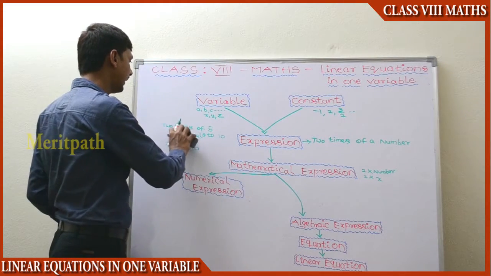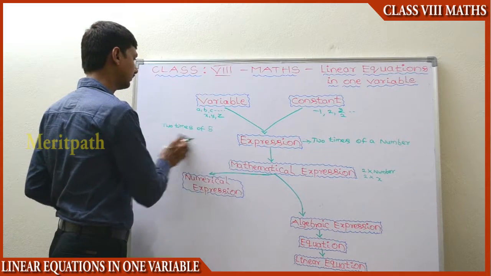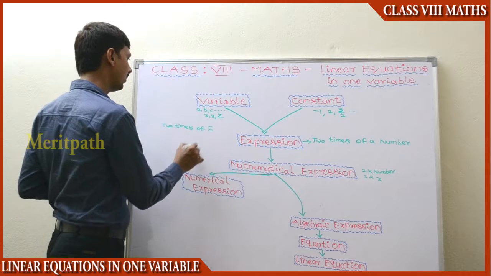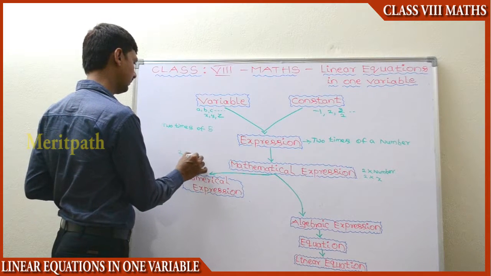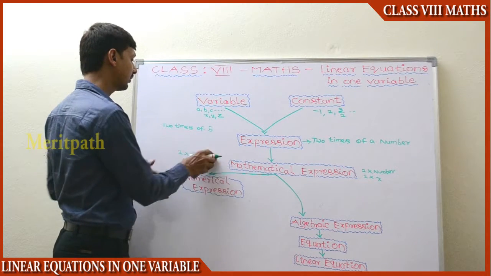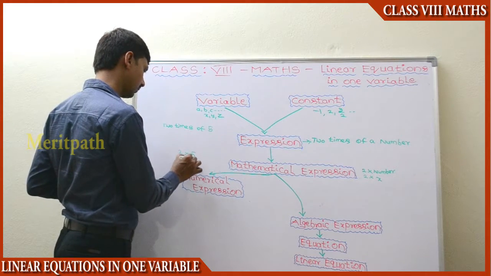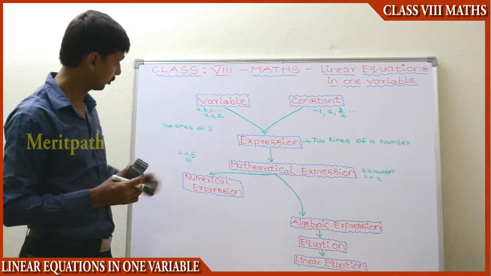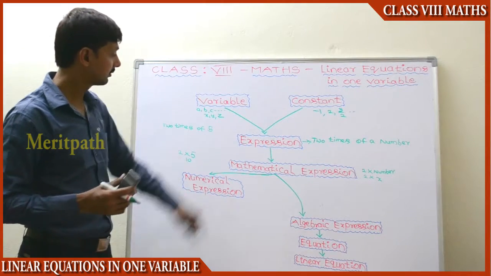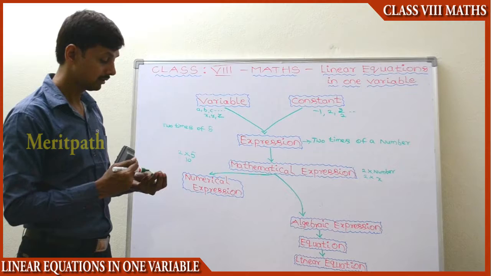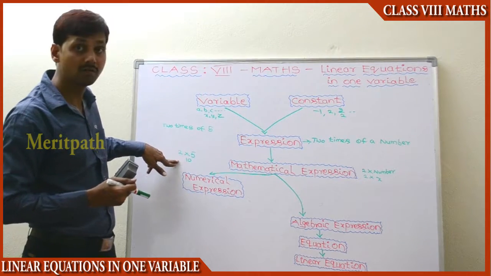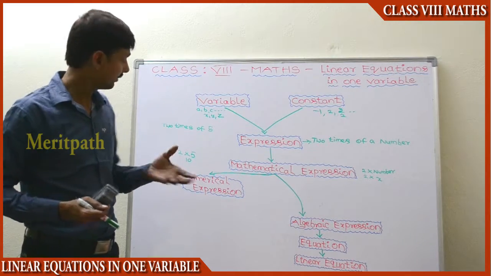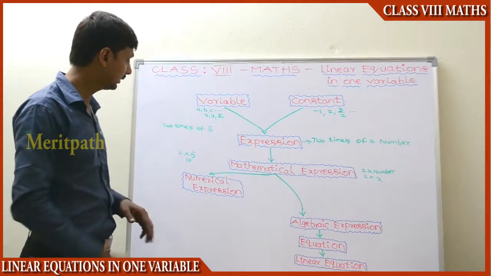So 2 times 5 is 2 into 5, and 2 into 5 is 10. So we have written 2 into 5 is 10, a mathematical expression. We have written a sentence in a mathematical way. So this is called a mathematical expression.